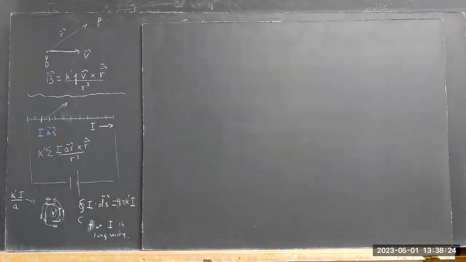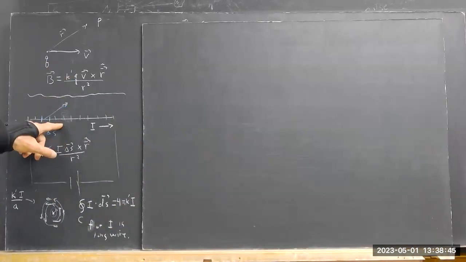This is for the current in a long wire. Now, the one thing that should stick with you is when you integrate the reciprocal R squared, you're going to get a reciprocal R. It's going to be reciprocal a here, where a is the distance. And the field, as I said earlier, falls off proportionally to the distance from the source.